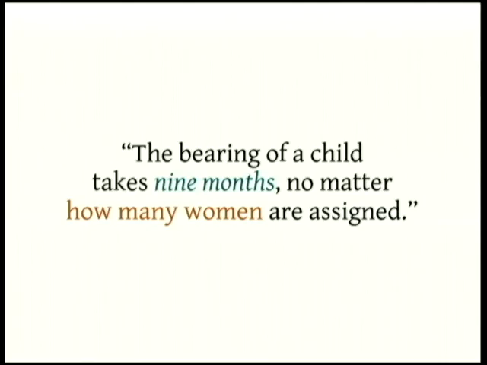"The bearing of a child takes 9 months, no matter how many women are assigned." There are some processes that do not get faster because you flood the organization with untrained people who don't know what's going on. And he often found, in his famous aphorism, that projects go more slowly the more people you add in many cases.